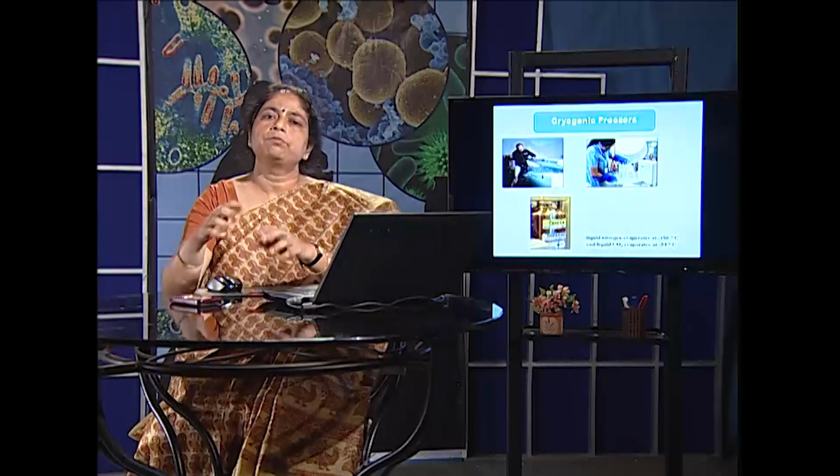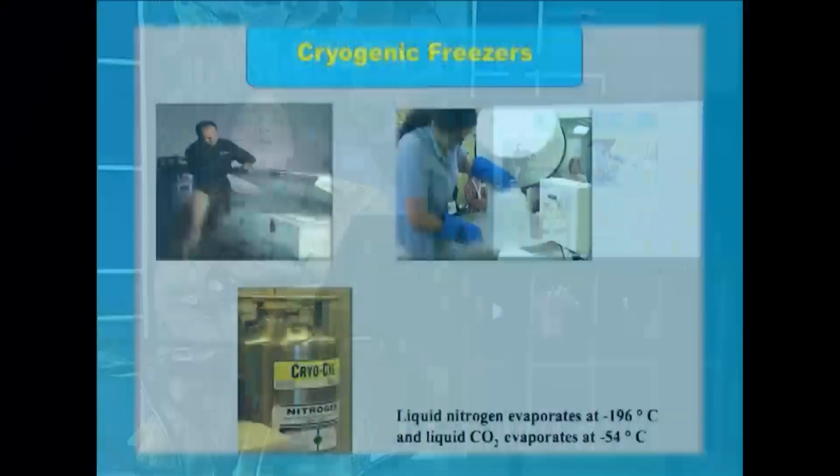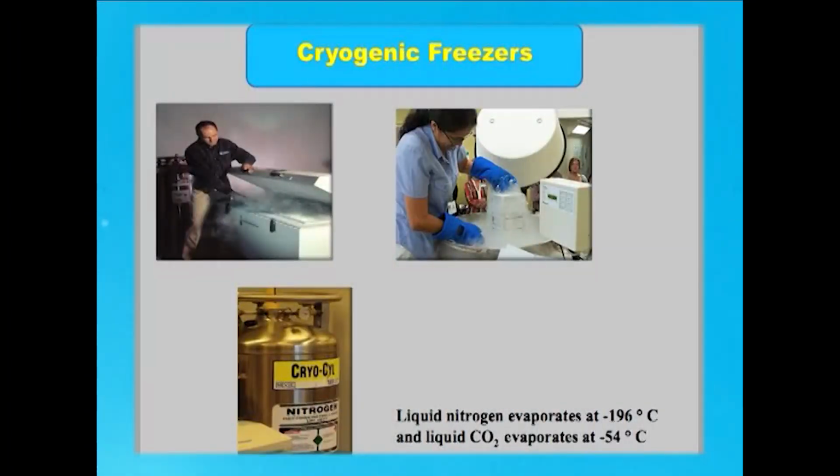And the third type of freezers that is seen is called cryogenic freezers, where an extremely low temperature of minus 190 degrees Celsius can be maintained. Now in the cryogenic freezers, the food item which is going to be preserved comes in direct contact with the coolant, and that coolant is either liquid nitrogen or liquid carbon dioxide.